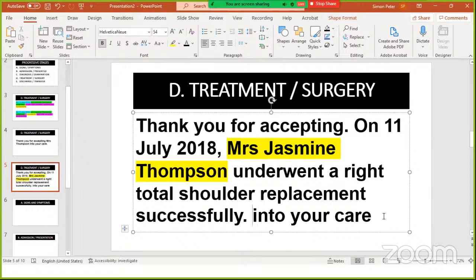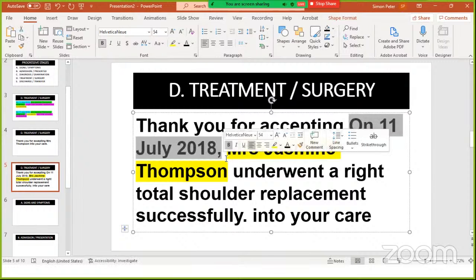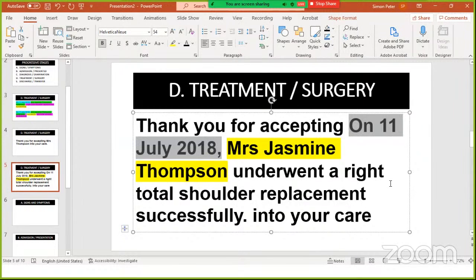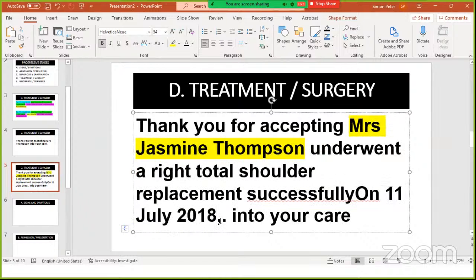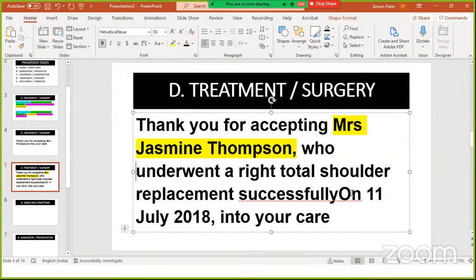Right. So, like this. Thank you for accepting. Remove the full stop. On 11 July 2018. Okay, this is the date. Remove this one and put it here. Okay, and put a comma here. Okay, thank you for accepting Mrs. Jasmine Thompson, comma, and put who here, with a small letter.